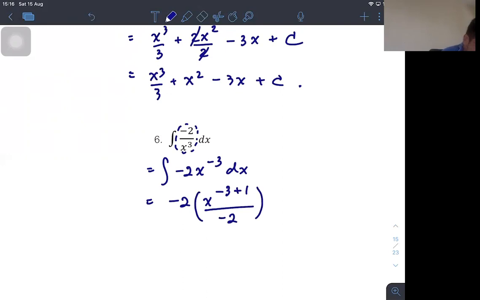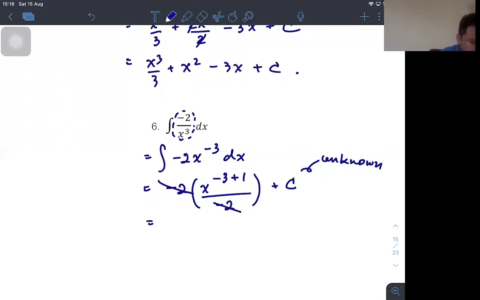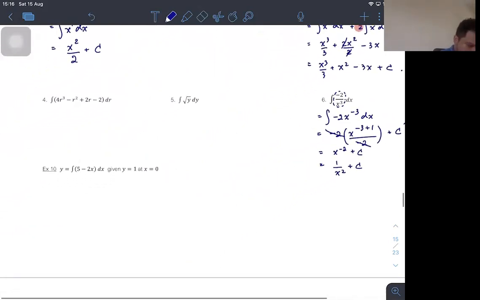Then we can cancel -2 and -2, plus an unknown constant. So what we get from here is x to the -2 plus c, or it is 1 over x squared plus c. So that is the integral.